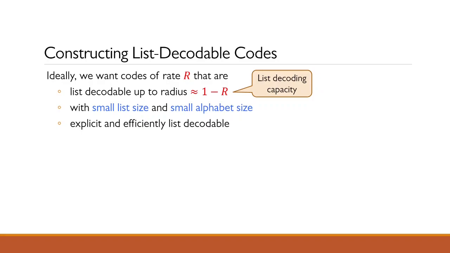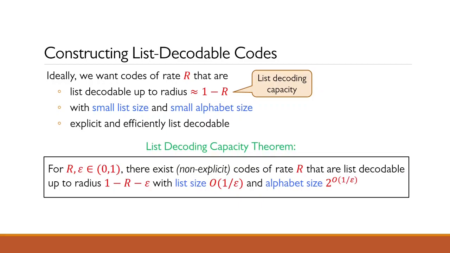And if we ignore the last condition about explicitness and efficient list decodability, then the existence of good list decodable codes follows from the list decoding capacity theorem, which is proved simply by the probabilistic method.